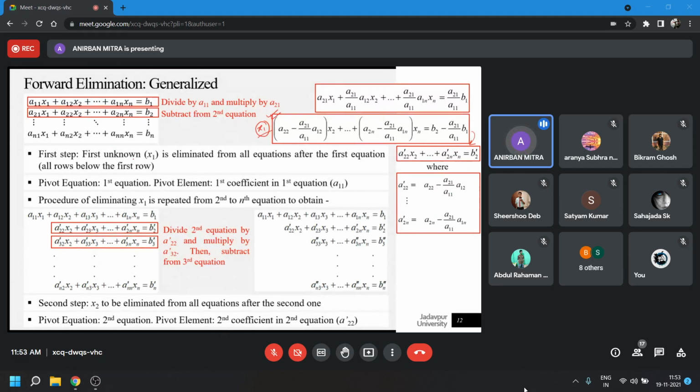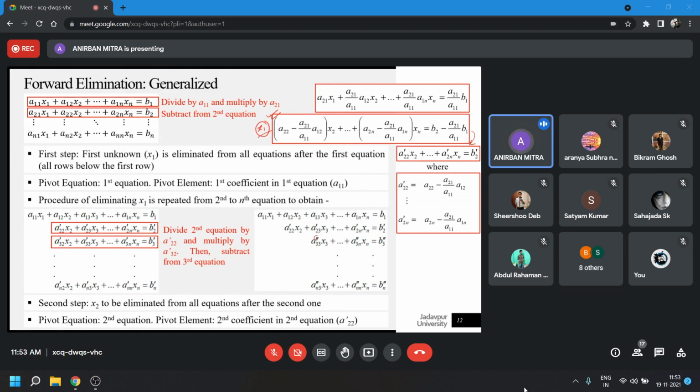So here you can see the second step of the elimination procedure, where the second equation has been considered as the pivot equation, divided by a22 dash. We have multiplied it by a32 dash and then subtracted it from the third equation. That gives you a33 double dash plus a34 double dash x4. Like that, this equation would be obtained.